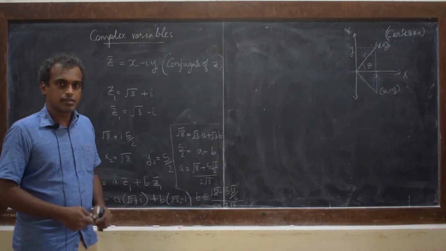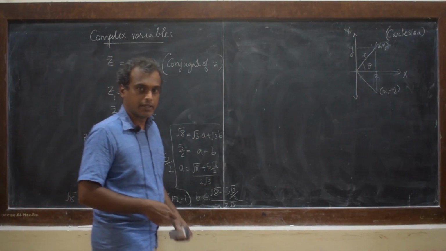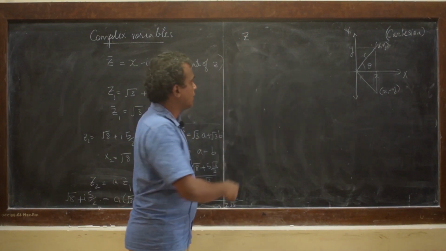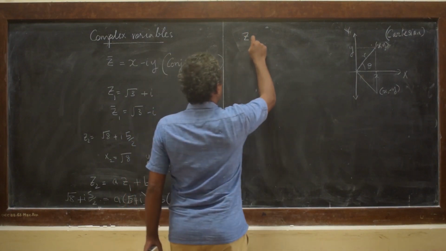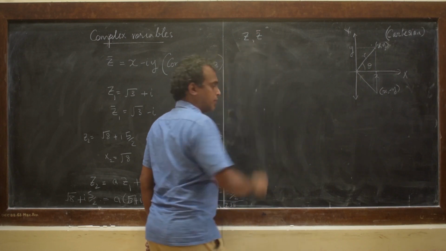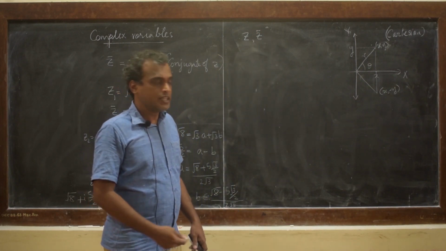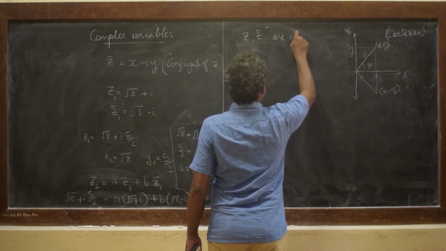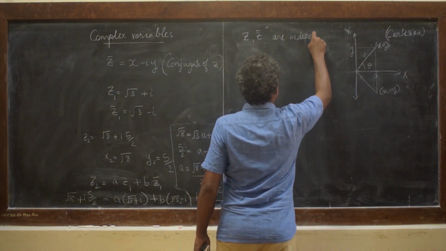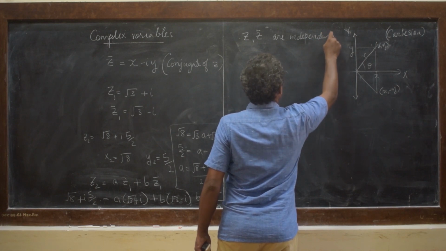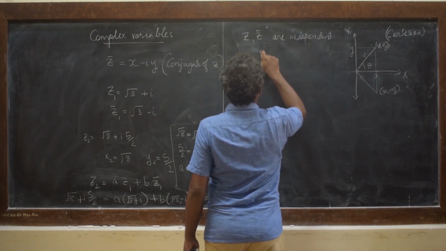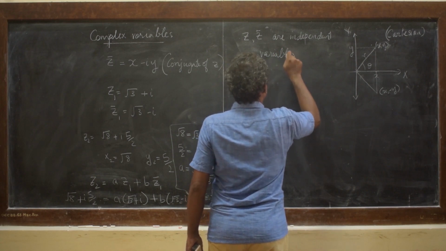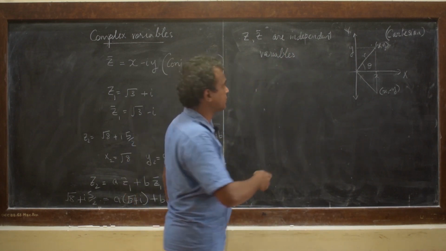Okay, this exercise gives us confidence in identifying the complex variable z and its complex conjugate variable z bar as independent variables on a plane.